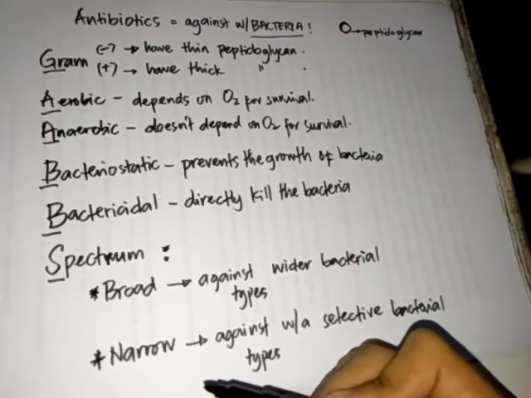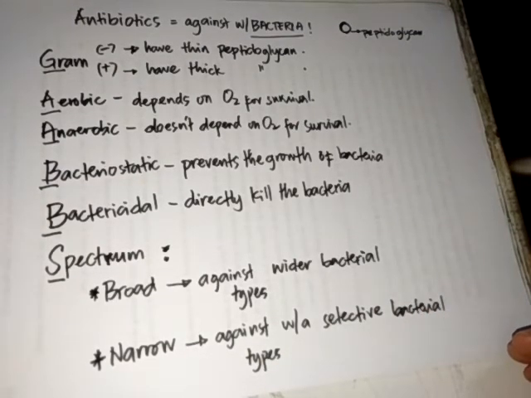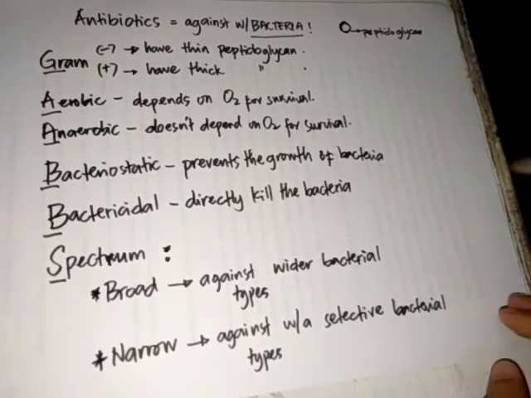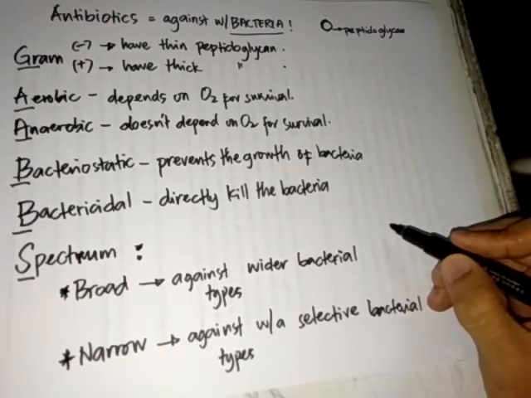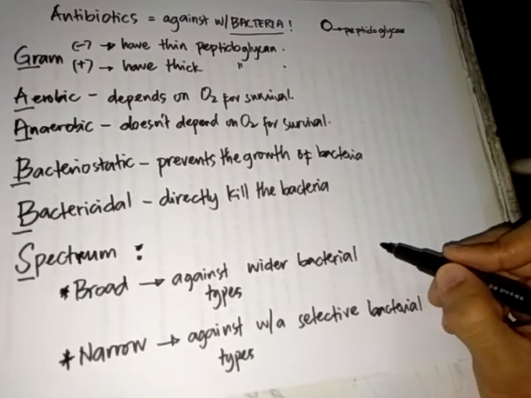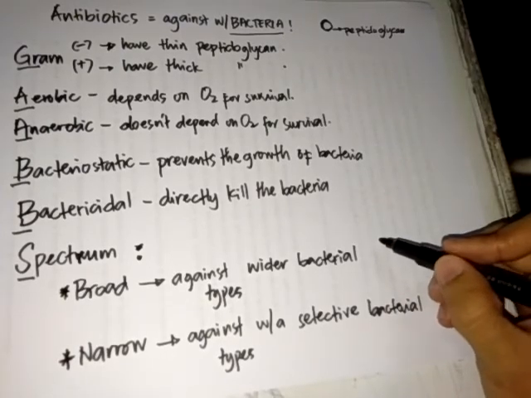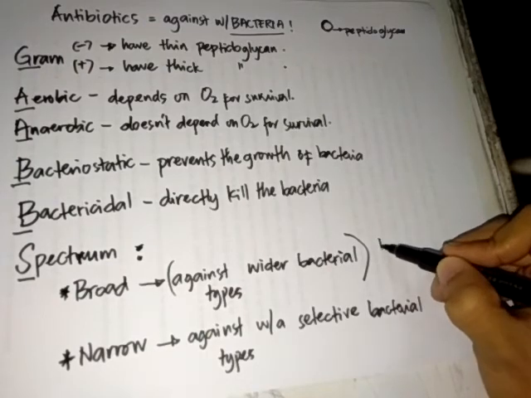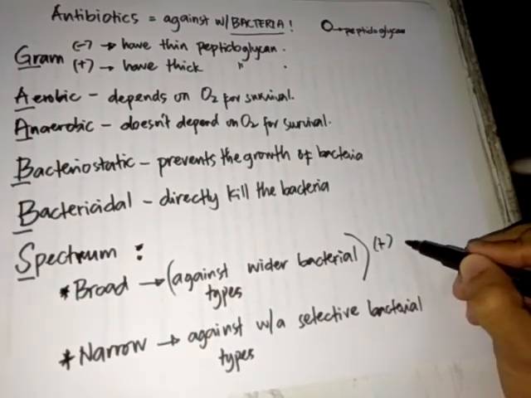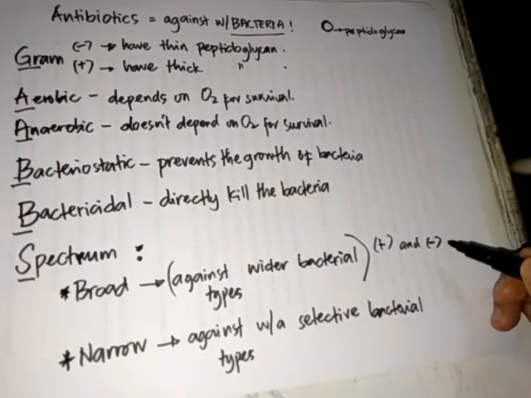Yung spectrum, pag sinabi ng spectrum, that is the coverage of the antibiotics, the effects of the antibiotics. Actually, pag sinabi din nating broad type na mga spectrum ng antibiotics, kung kaya niyang pumatay ng gram positive and gram negative, so they can also mean as a broad.